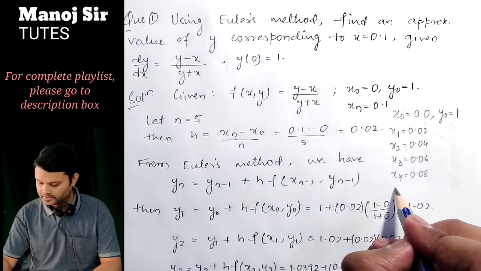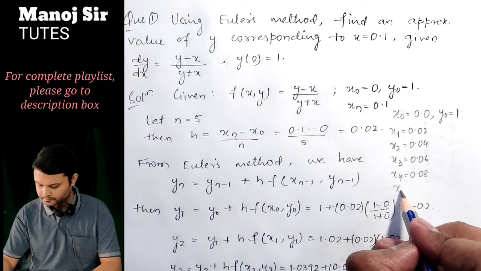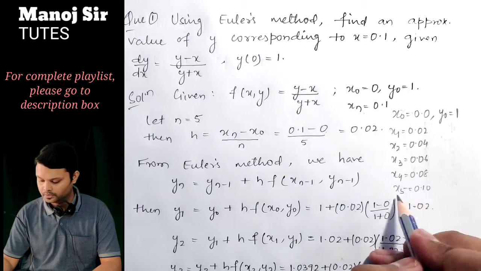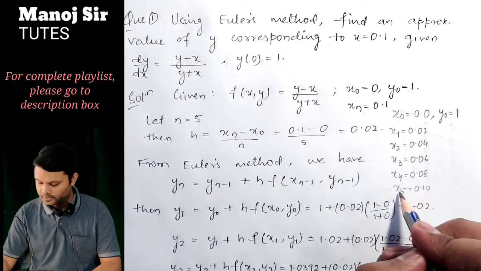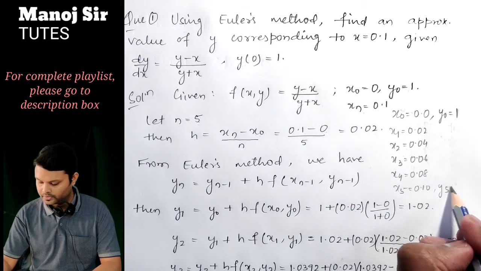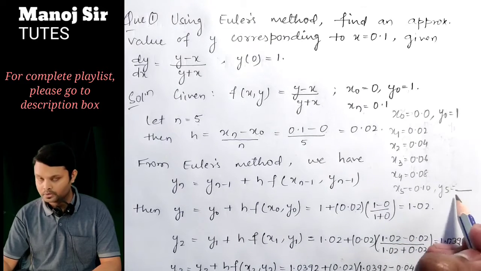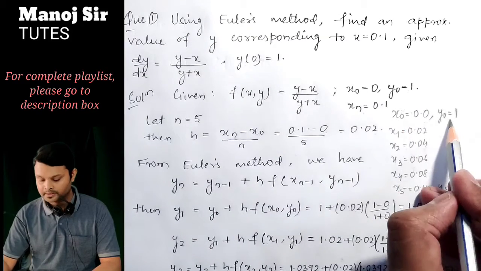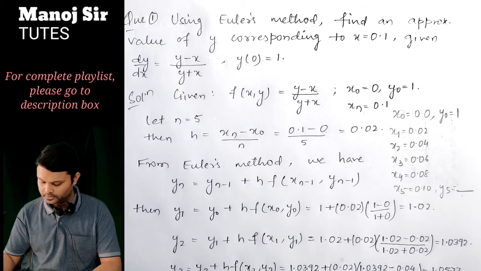Similarly, the value of x5 will be 0.10. Okay, and for x5, that is 0.1, y5 is what I want to find. So we have this, but we need to find this. So let us start.